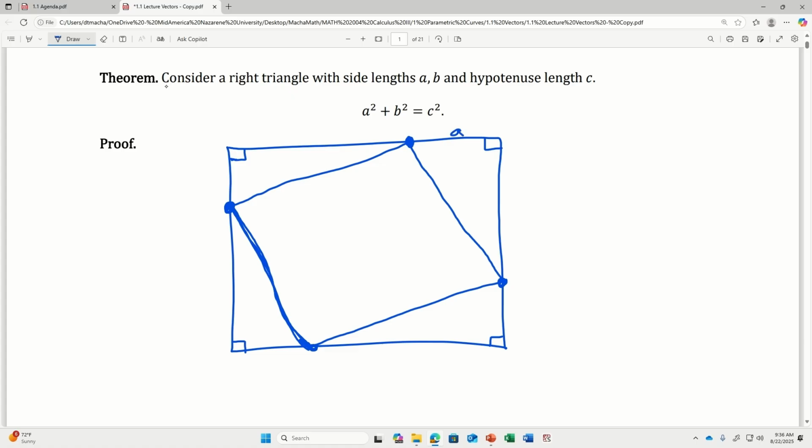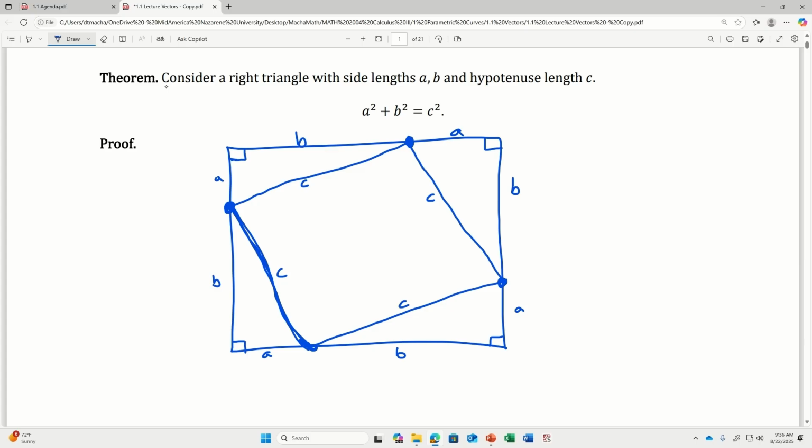And I'm going to name this A, and I'm going to name this longer one B, and then I'm going to name this C, and since these are congruent triangles, then this side has to be the same for all 4 of them as well.